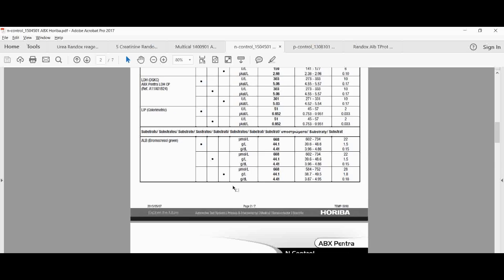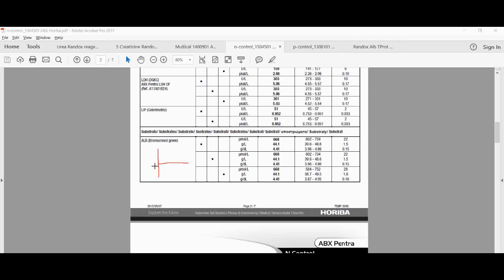There's albumin. So the controls that you calculated, that concentration must be checked according to this: 39.6, 48.6. And it's always a good idea to plot your values on a Levey-Jennings chart. So for instance, you would draw your chart, and that's the mean.